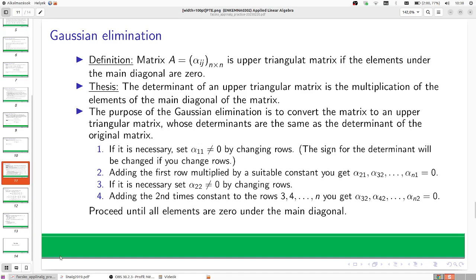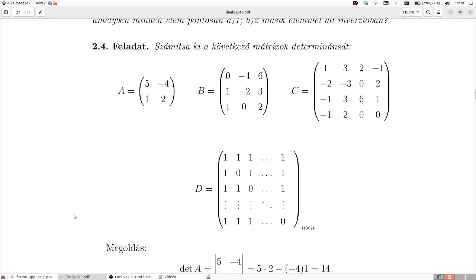Let's do it again. We had done the B actually.